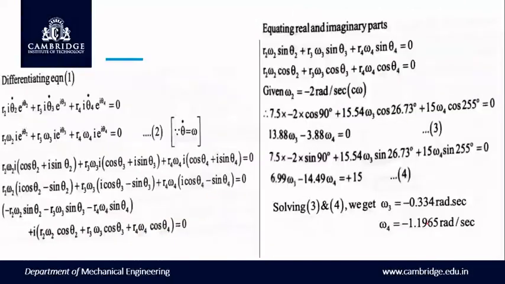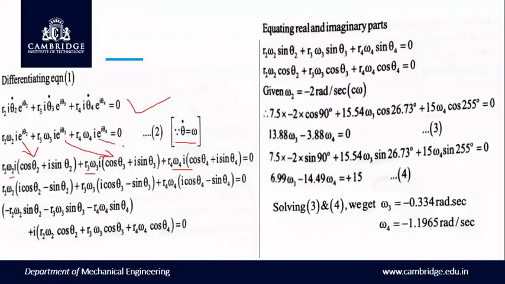degrees. Similarly, for velocity analysis, we need to differentiate the position vector loop closure equation with respect to time. Then we know theta dot represents omega. So the corresponding omega 2, omega 3 and omega 4 will be written, and we express e to the power of i theta in cos theta plus i sin theta form.